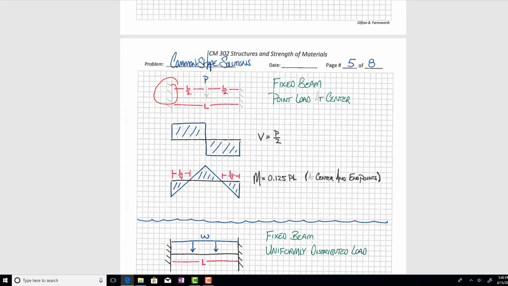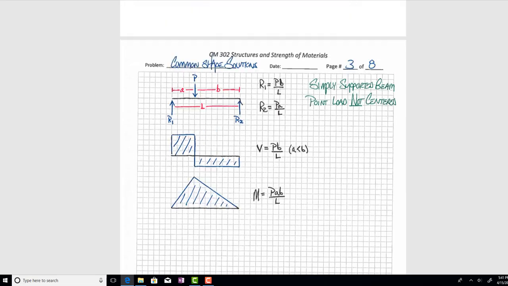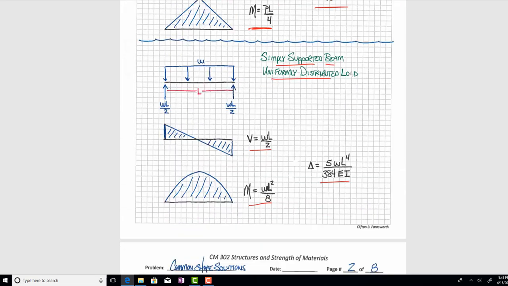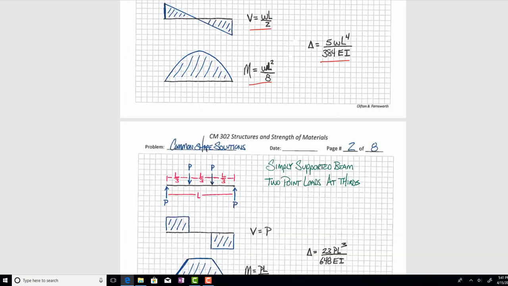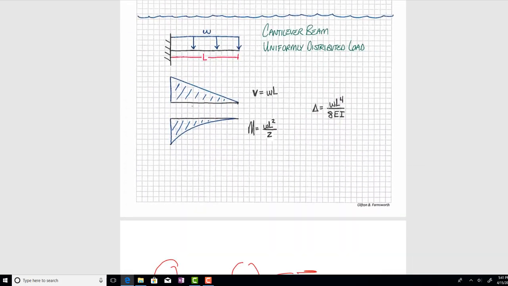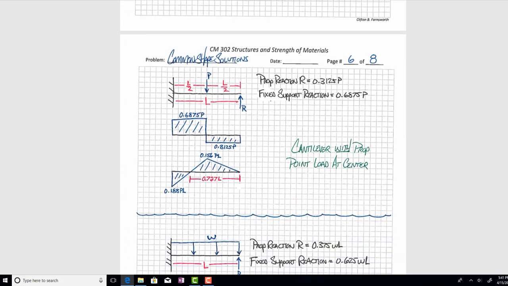If you've got a beam fixed on both ends, make sure you're on the fixed beam diagram, because if you come back up here and you're not paying attention to the end points, the simply supported beam looks very similar, but in this case there are no fixed end points showing up in the diagram. So make sure you're on the right diagram.